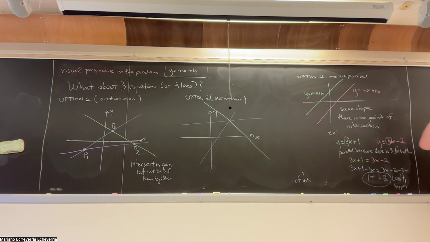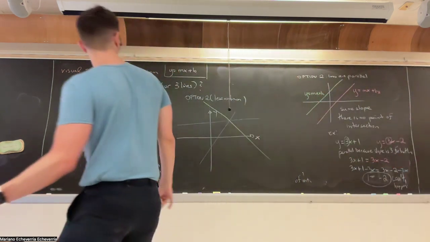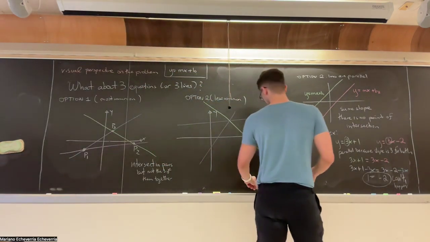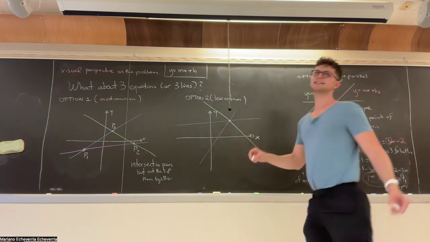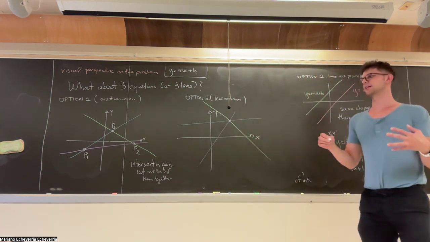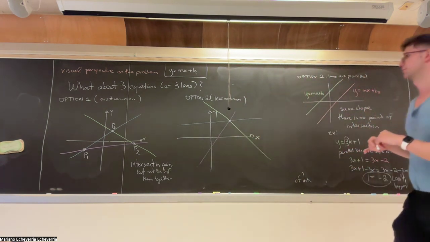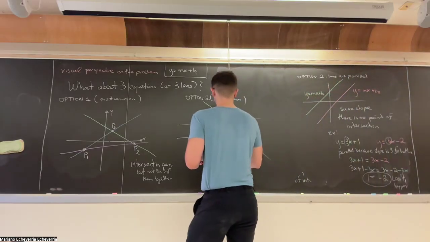Okay. So all the lines pass through exactly the same point. So all the lines intersect in pairs, but always at the same point.